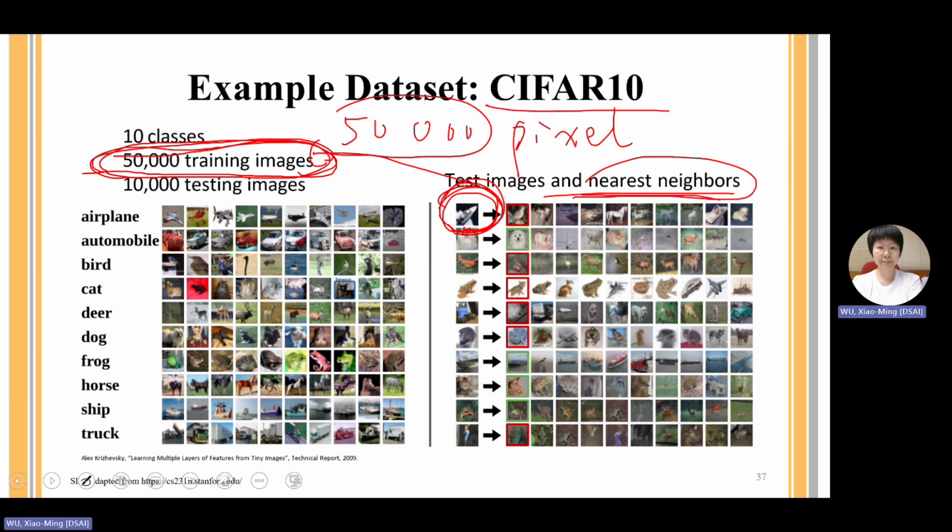If you do not have any prior knowledge about the dataset, yes, you need to consider every single pair. You need to consider every training image because we do not know which images are closer to the test sample.